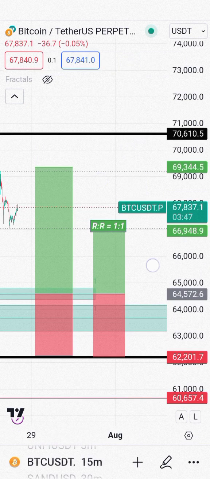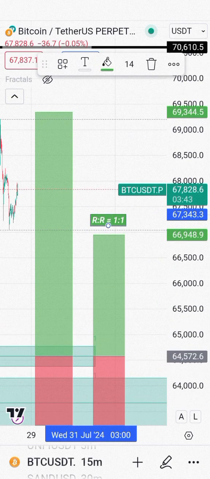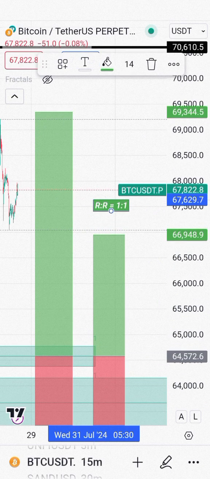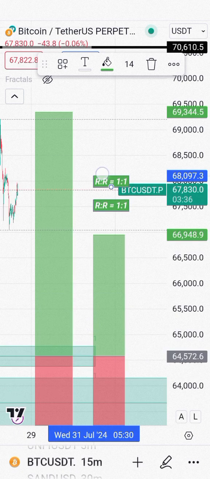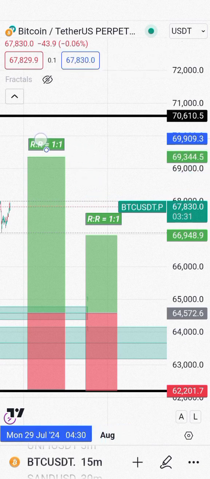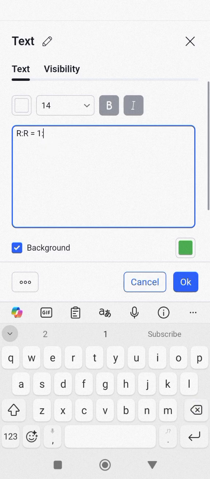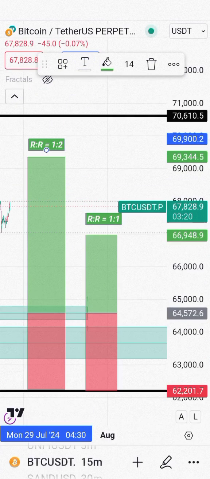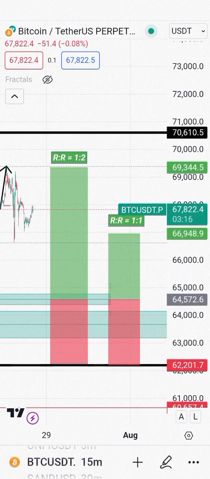Just for clarity purposes, and the second one is a 1-to-2. Yep, so there we have it.